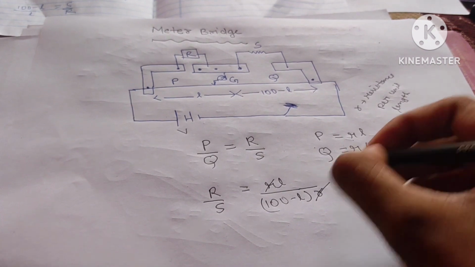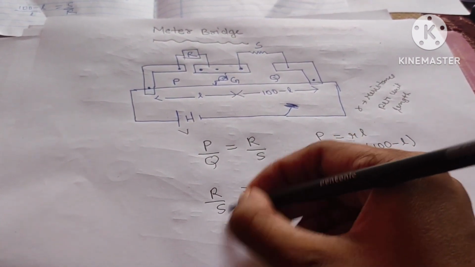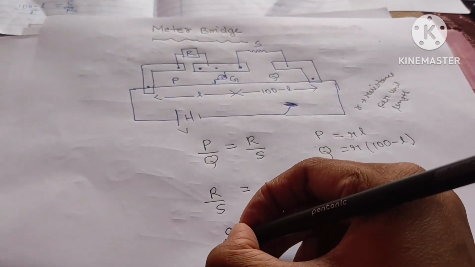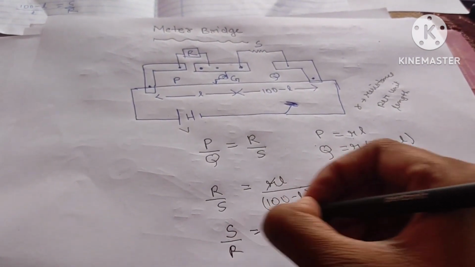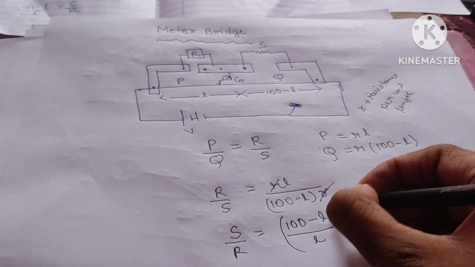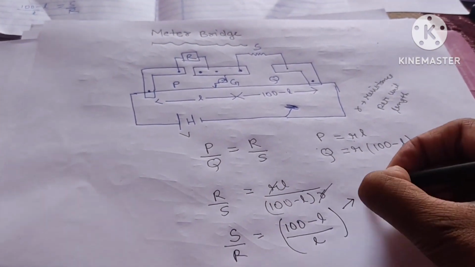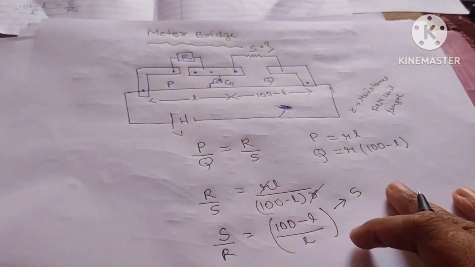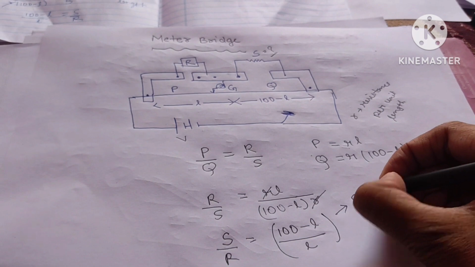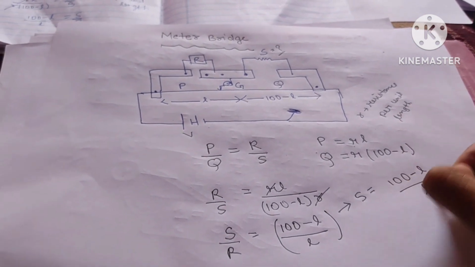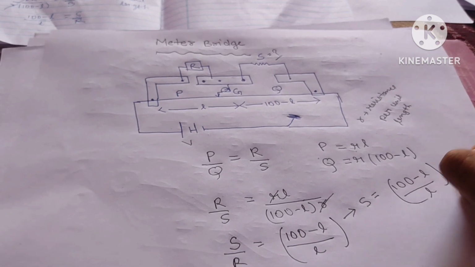So we are left with, now to change the denominator and numerator, it will be 100 minus L by L. Okay, it is done. But we need to find S, which is the resistance. So S is equal to 100 minus L by L into R. That's it.